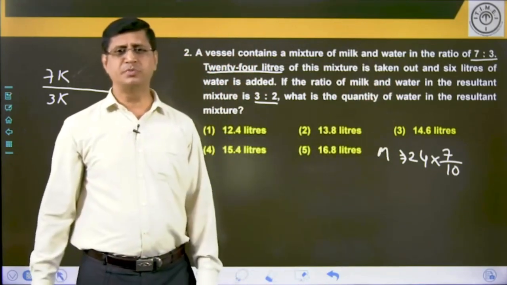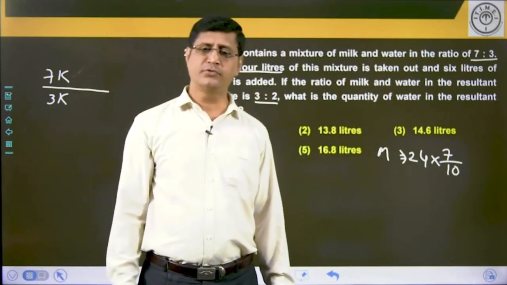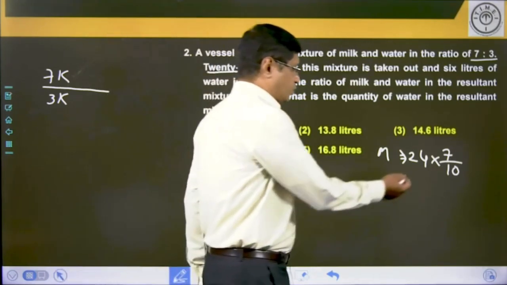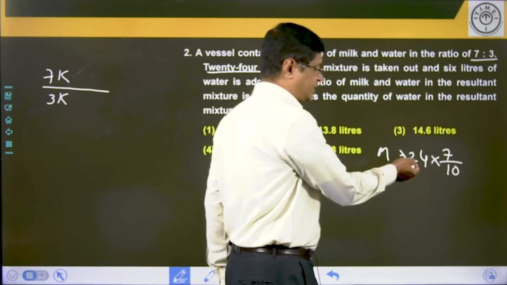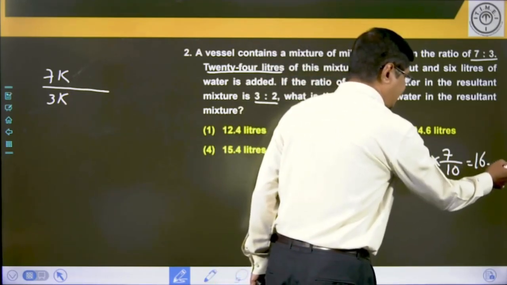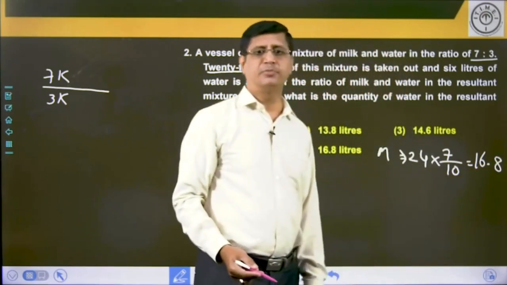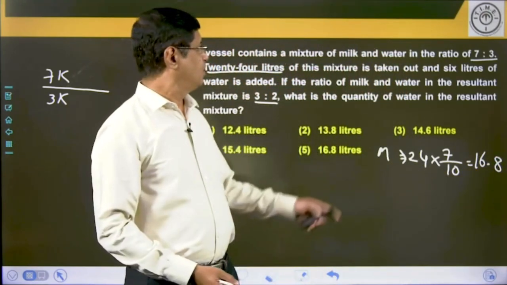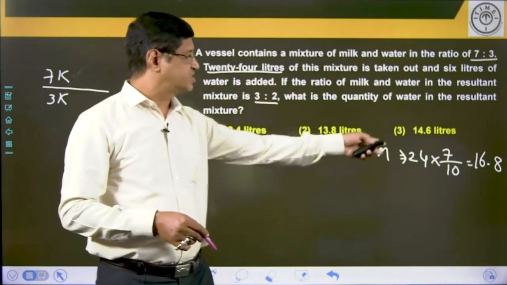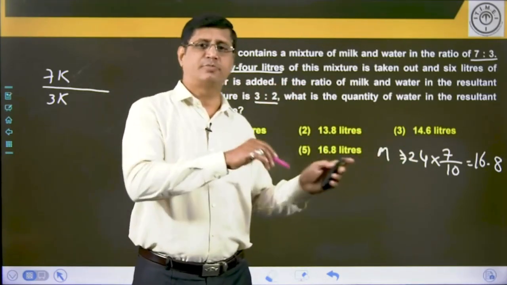7 by sum of the ratios means 7:3 is the ratio of milk and water. So, 7 by 10. Now, 7 times 20, 140 plus 28, that is 168. 168 by 10, which is 16.8 liters. When 24 liters of mixture is taken out, in that 16.8 liters of milk is present.